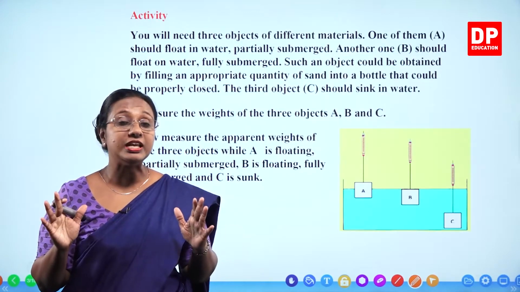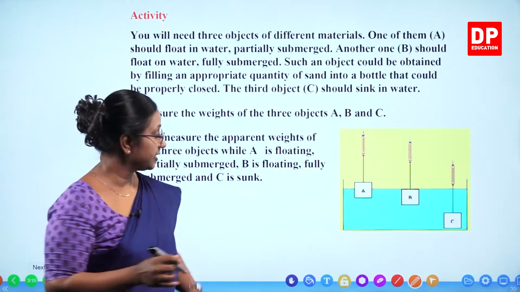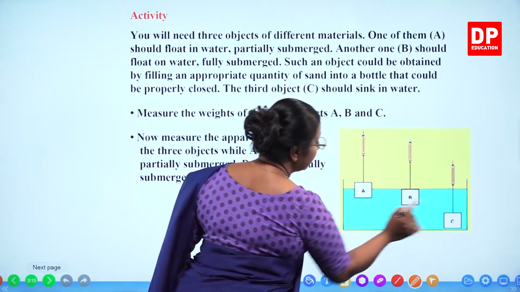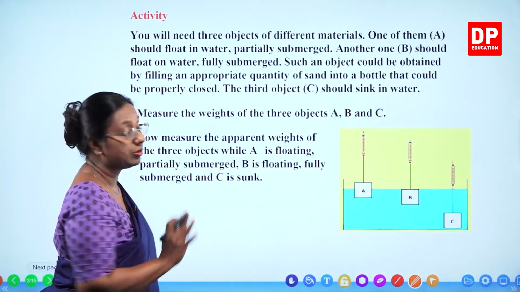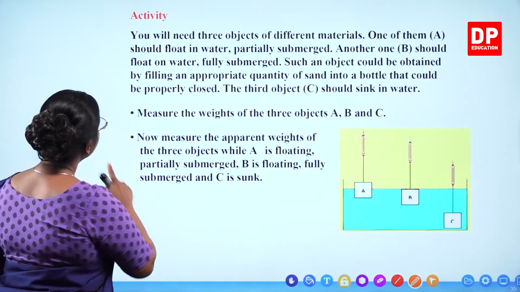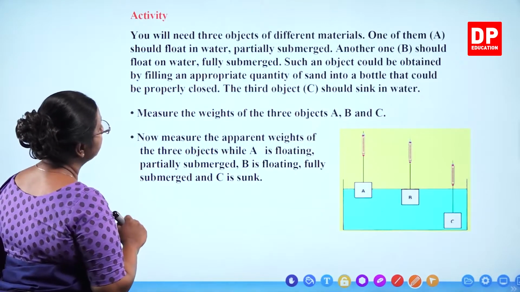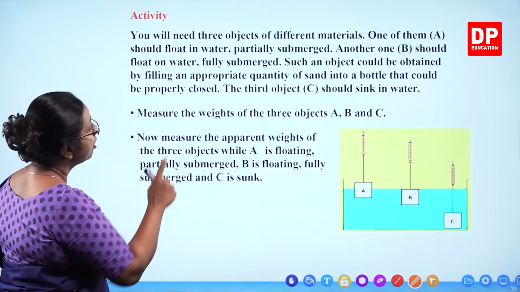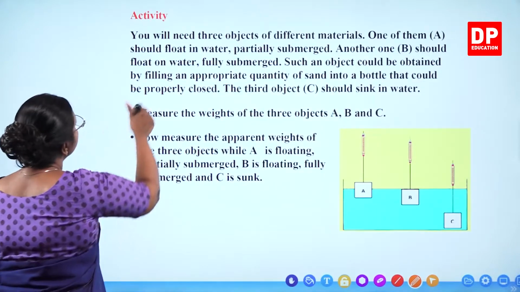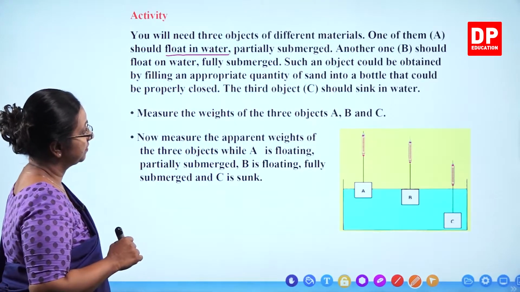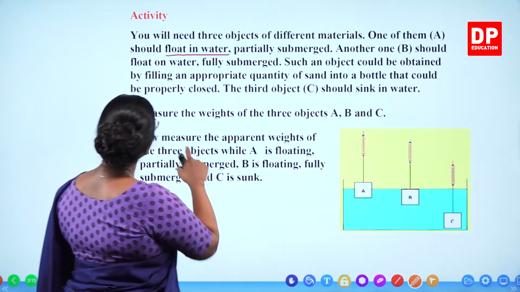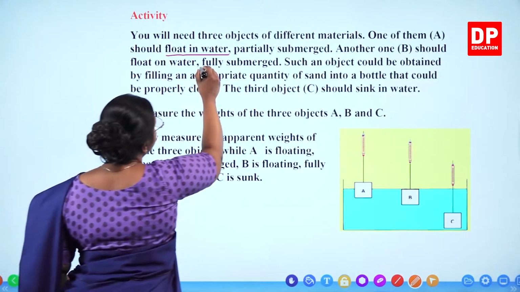Either way, what you need is 3 different objects similar to A, B and C when they are put into water. So you will need 3 objects of different materials. One of them, A, should float in water. That's important. Partially submerged. Then another one, B, should float on water fully submerged.